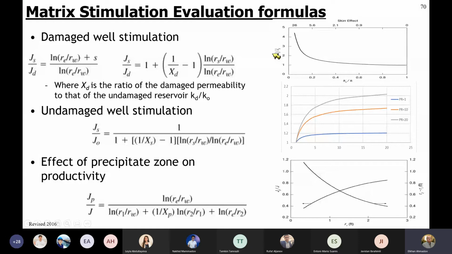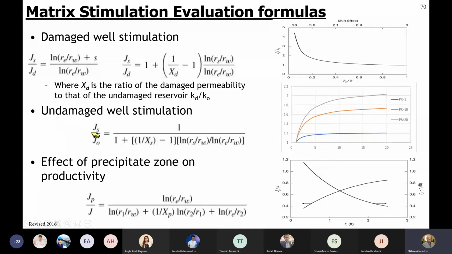These are given in Petroleum Production Systems by Michael Economides, and I would recommend to read this matrix stimulation chapter in this book to get more insight into these formulas and evaluation methods.